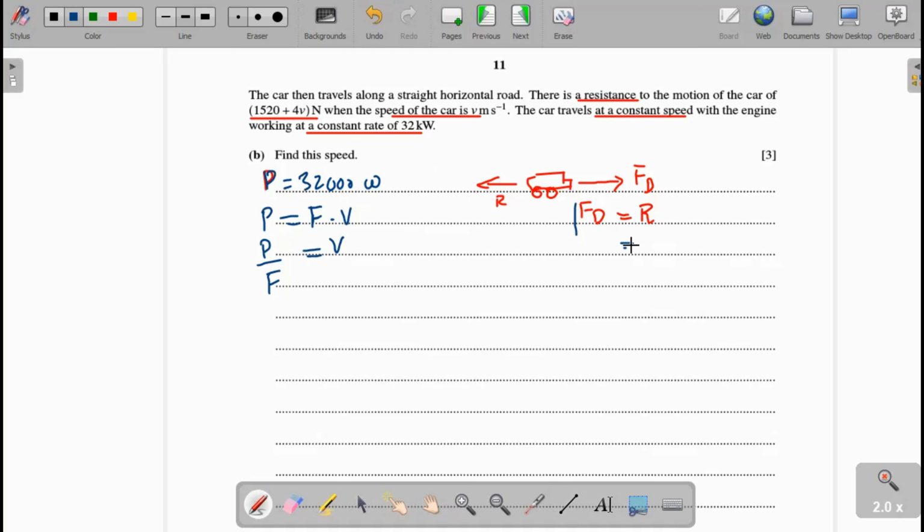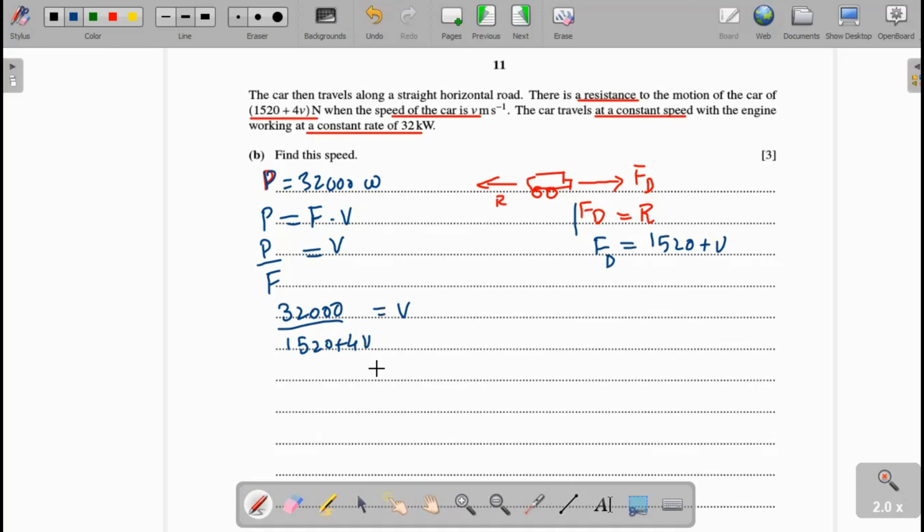Now the driving force value will be equal to 1,520 plus 4V. Therefore, we put this value in this equation. The power is 32,000 and force is 1520 plus 4V, multiplied by V.